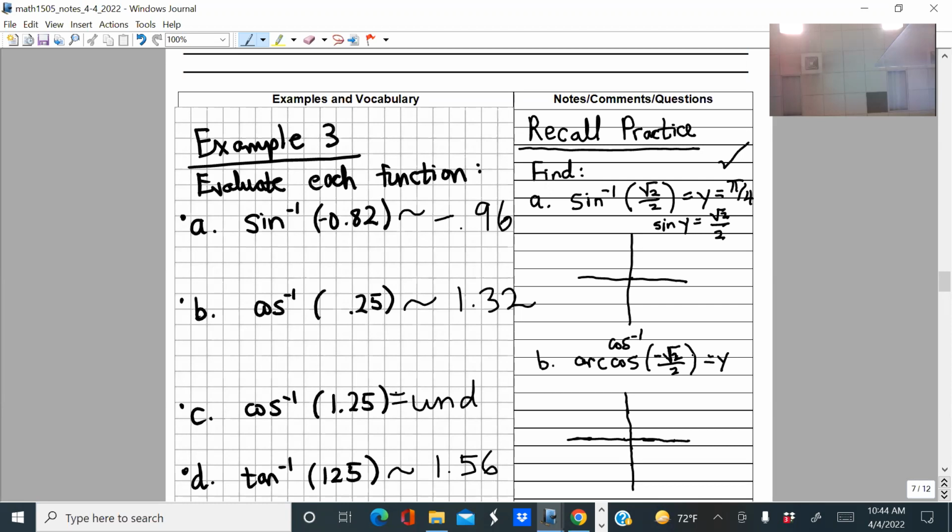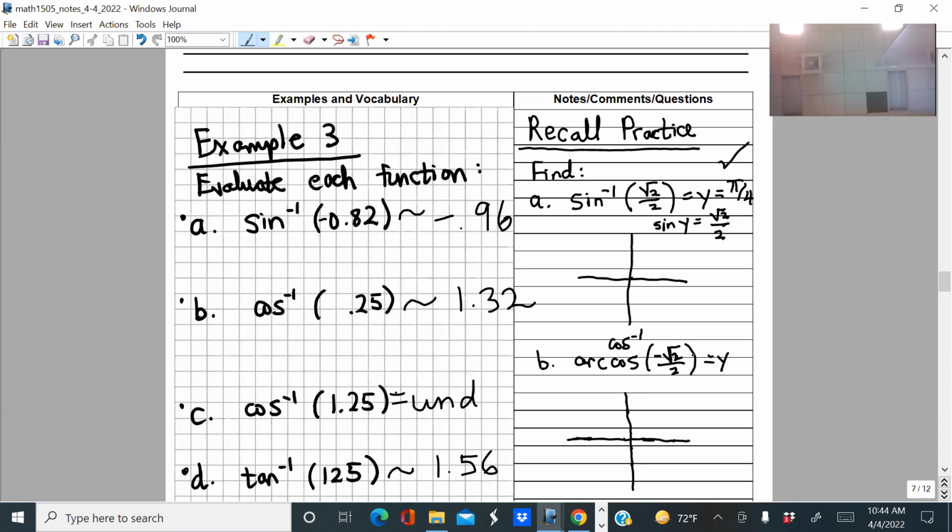So you've got to find an angle, and make sure you get it in the proper range, which is 0 to pi for inverse cosine. So you have to find an angle between 0 and pi that has minus square root of 2 over 2 as its cosine.